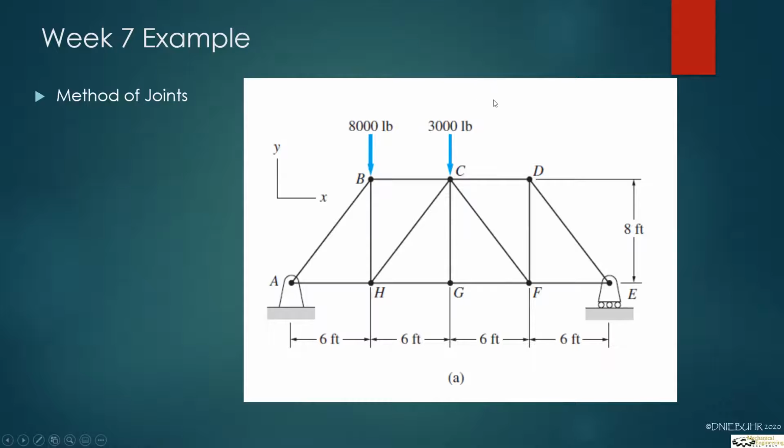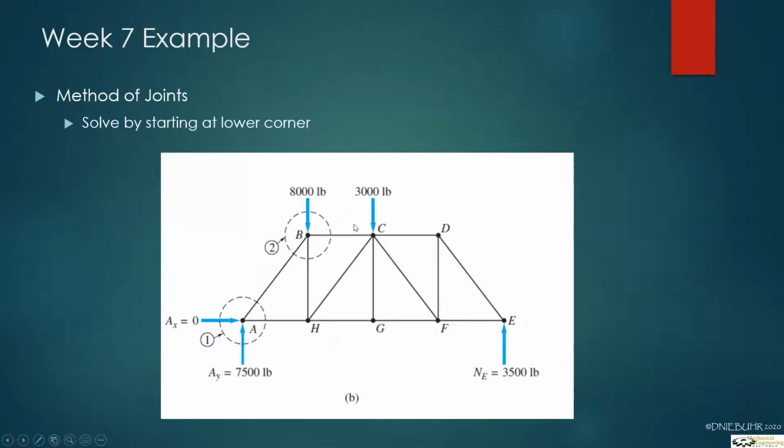By inspection, if you look at this entire truss, you can see that because there's only 2 vertical forces and no horizontal forces, you can surmise that AX is 0. But when you initially draw your free body diagram for it, you want to put in AX and AY, because it potentially could support a load. It's just in this loading configuration, there is none.